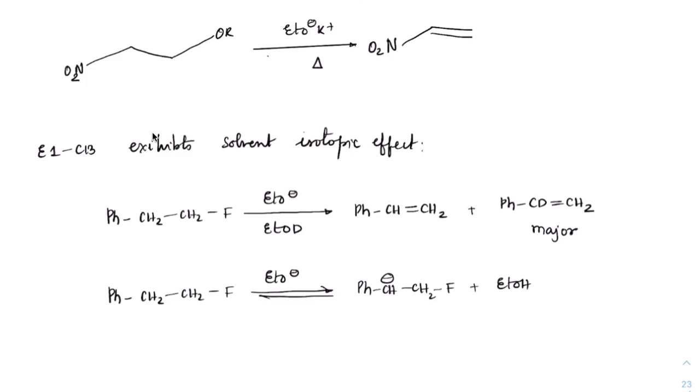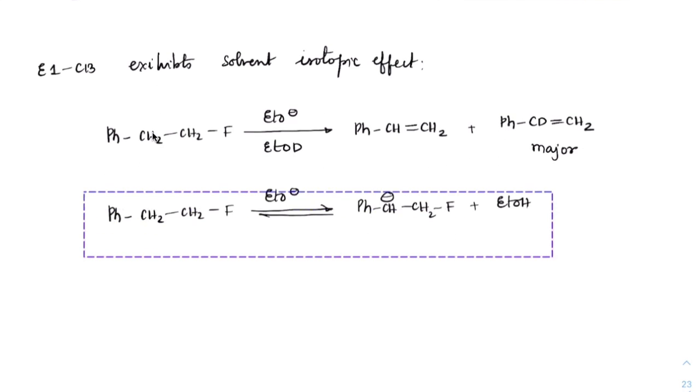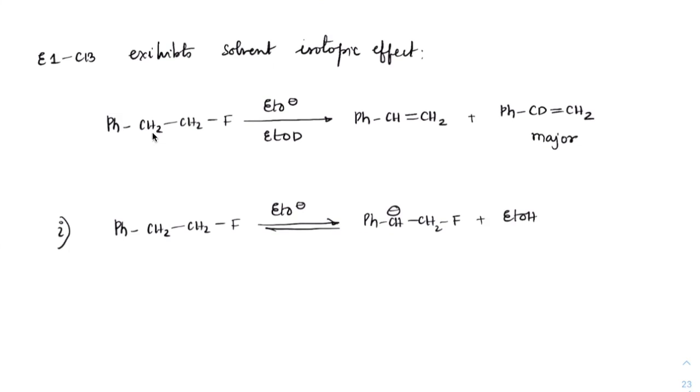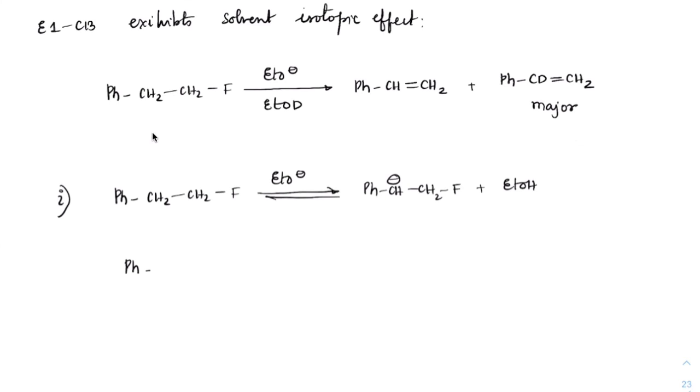Now let's see how this product is coming. First imagine this step where the base is extracting the proton. So it has extracted a proton from here. We got a conjugate base. And the second step is when you have PhCH minus CH2F plus EtOD.